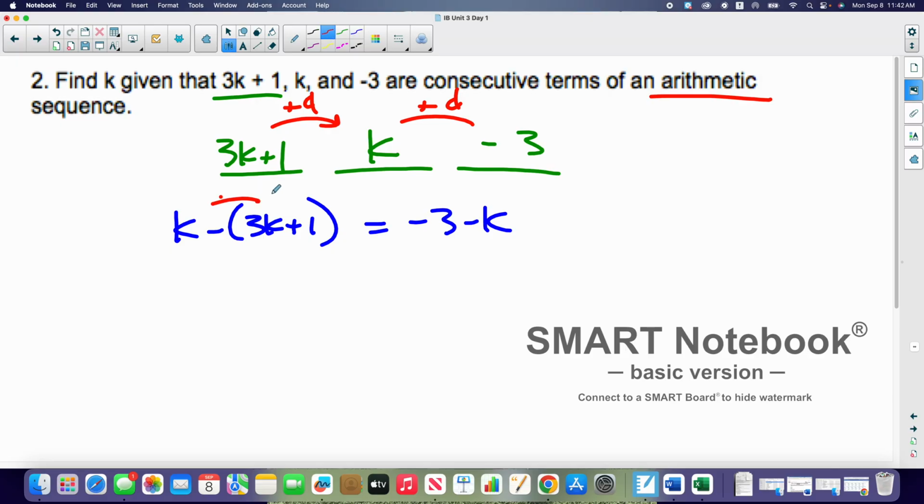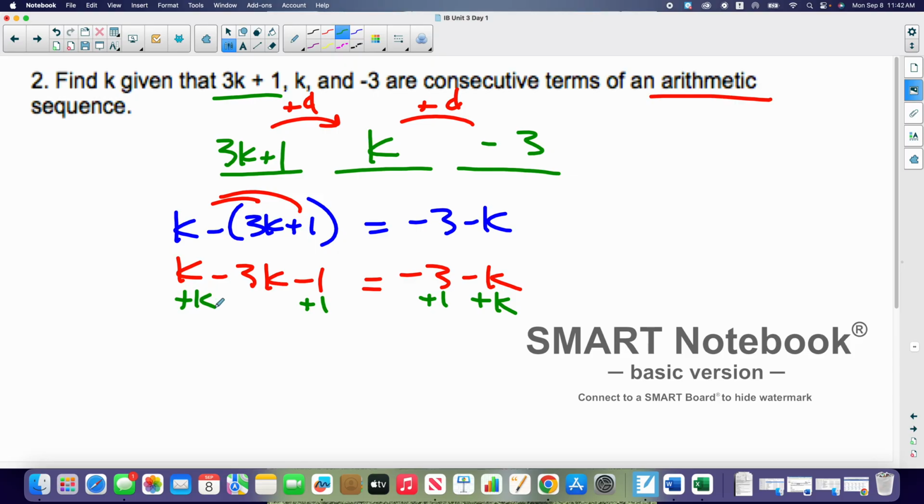So I'm going to distribute. K minus 3K minus 1 equals -3 minus K. I'd add 1 to both sides, so that I can move this K to the other side. I'll move the K's over, and everything else to the right. That 1 cancels, that K cancels.